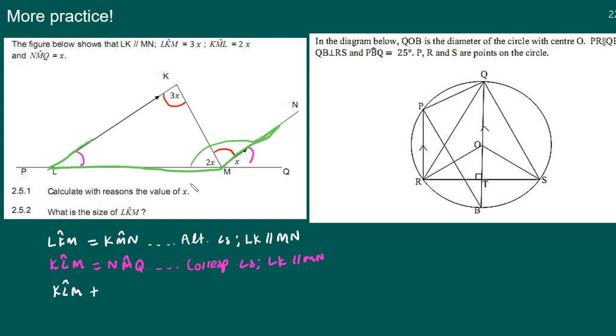Your U's are going to be slanted, the F's are going to be slanted, but it is still a U shape. Perfect. So plus LMN should give us 180 degrees. Those are our co-interior angles because LK is parallel to MN. Good stuff.